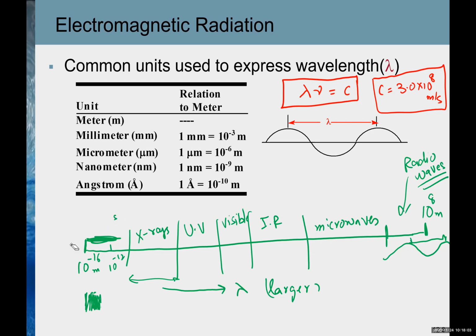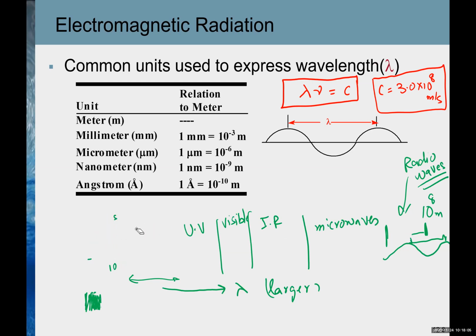Let's practice a problem. I'm gonna erase this order. I'm gonna draw this order one more time. So UV, it was X-rays here, and then gamma rays.